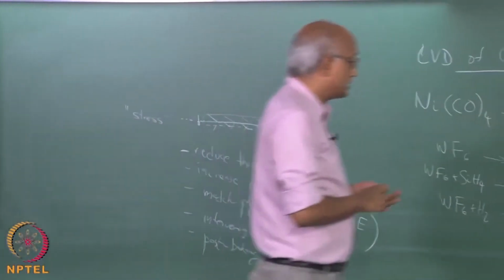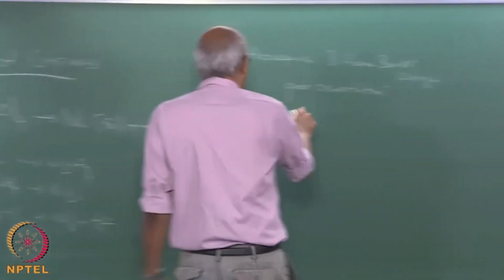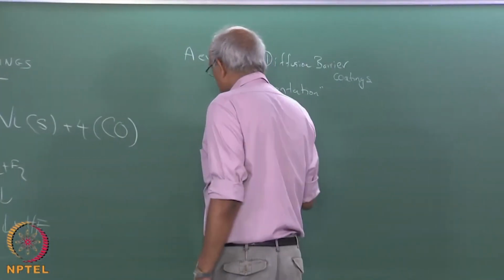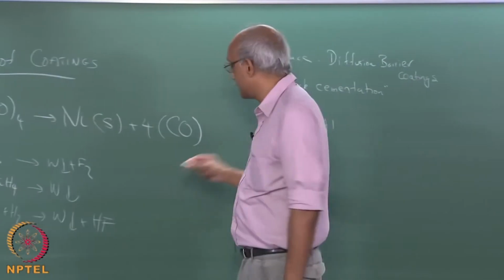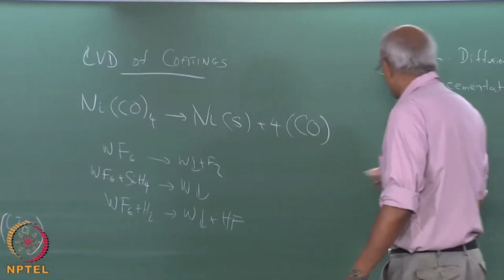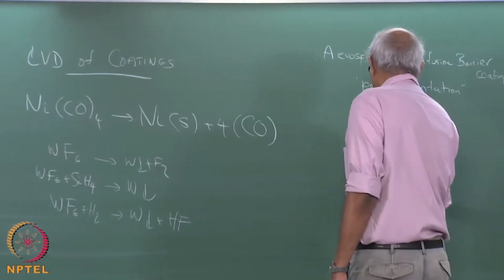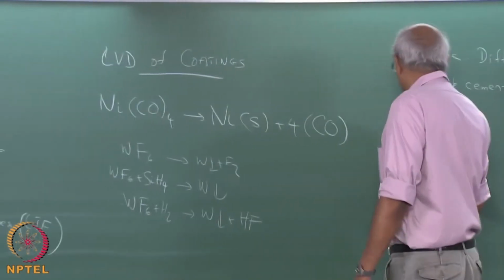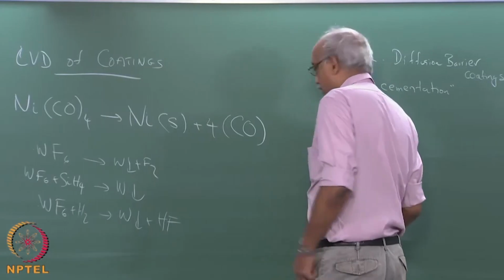Typically, some of the coatings that are formed using this technique are aluminum, a process called aluminizing, boron, which is boronizing, carbon, carbiding, nitrogen, nitriding, and so on.